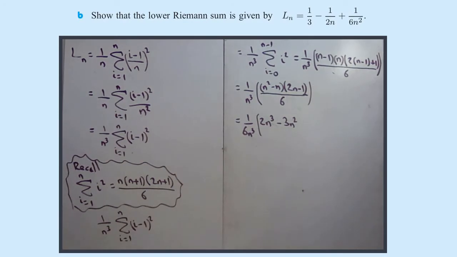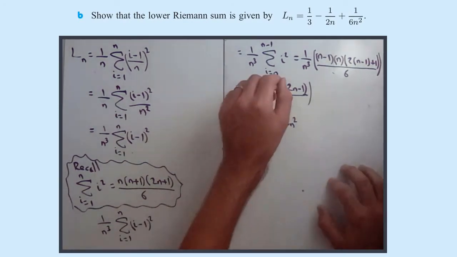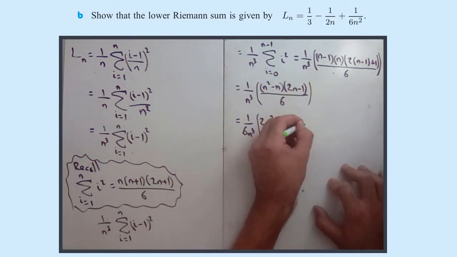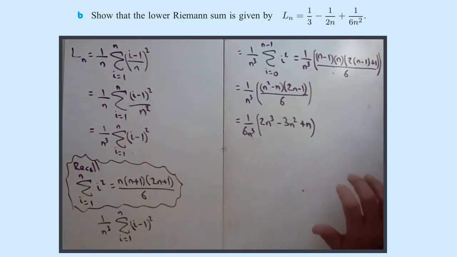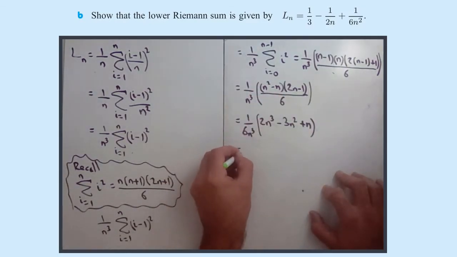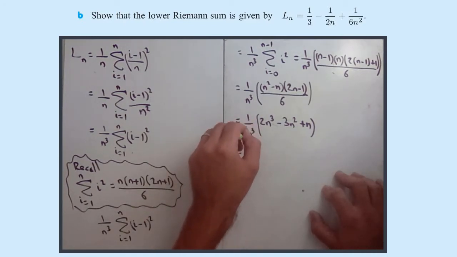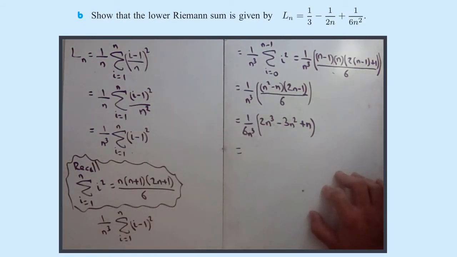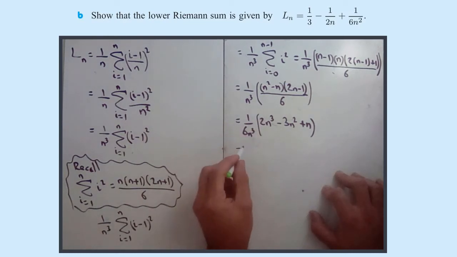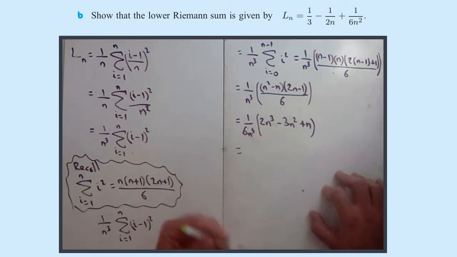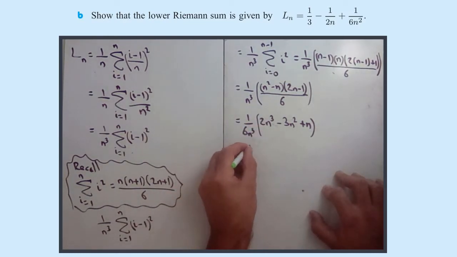Just told you not to do all that in your head, but never mind. And then you've got minus n times minus 1, which is plus n. And now we just need to bring this in here. So now we have 1 over 6n cubed times 2n cubed, or 2 over 6 is 1 over 3, and n cubed over n cubed is just 1. So this first term is 1/3.